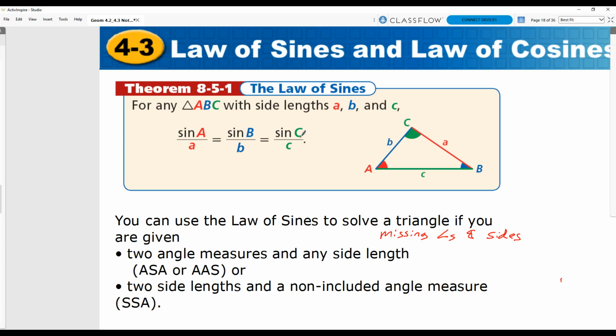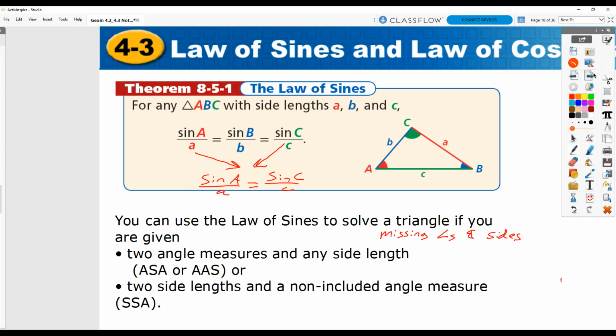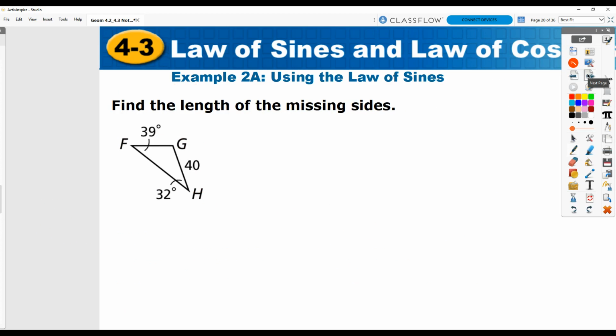Since all 3 equal each other, we could say that sine A over A is also equal to sine C over C. So these we can set up as a proportion because it's a chain of everything being equal. We're going to set up our formula for side C using this proportion: sine A over A is equal to sine C over the length of C.